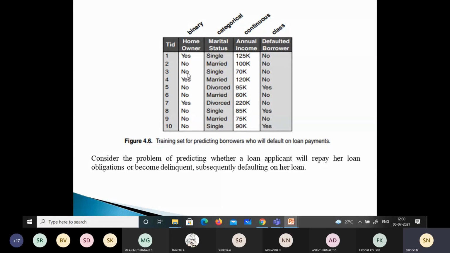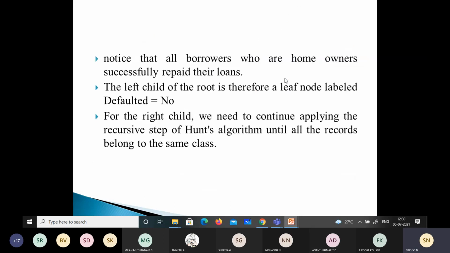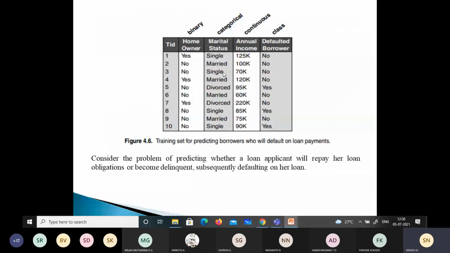So let's check which side record 3 belongs to. No, and it was single, and less than 80K, no. Can I put that record over here? Third transaction: homeowner, no, marital status was single, and annual income is less than 80K, and he has paid back all the EMIs. Okay, I can have this third record under that category.